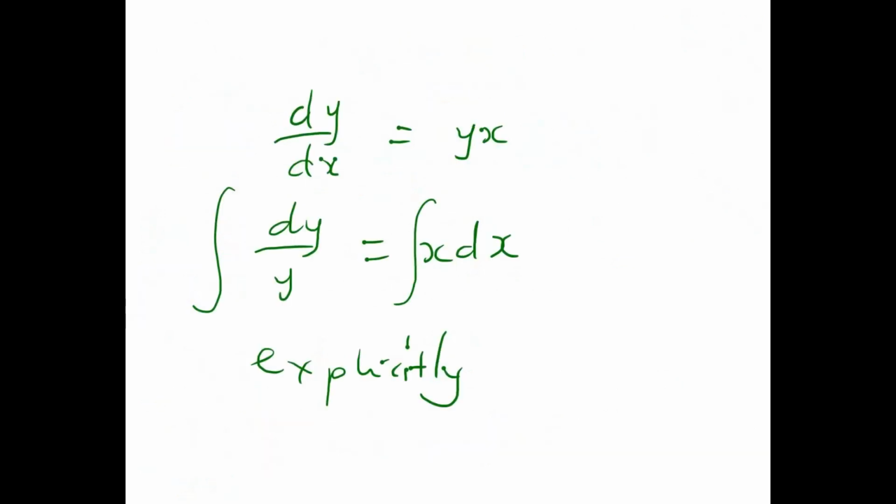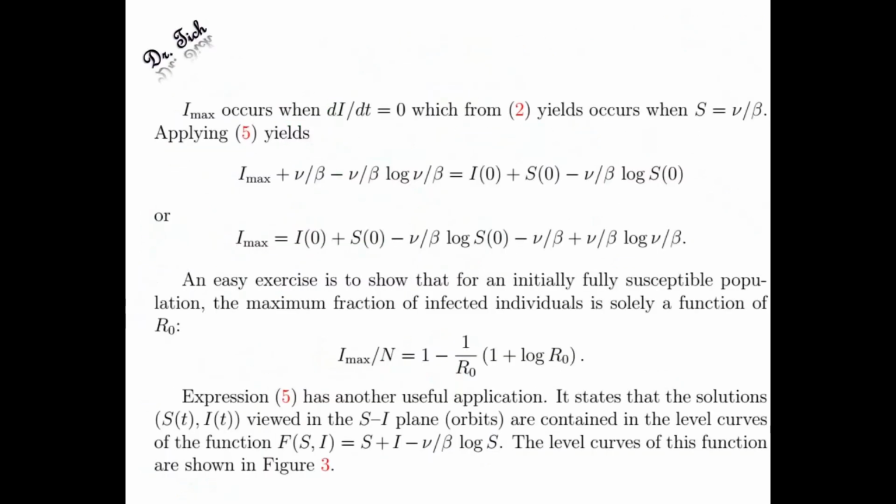Now, I did this calculation for you, and it's an easy exercise to show that for initially fully susceptible populations, you are going to get your Imax. Our Imax comes from the fact that whenever we have a steady state, S dot equals 0, I dot equals 0, and R dot equals 0.